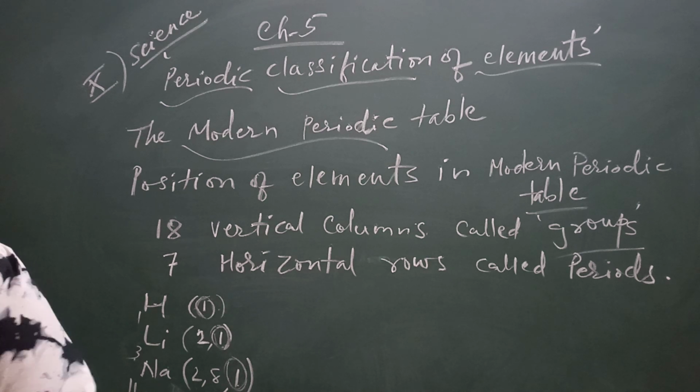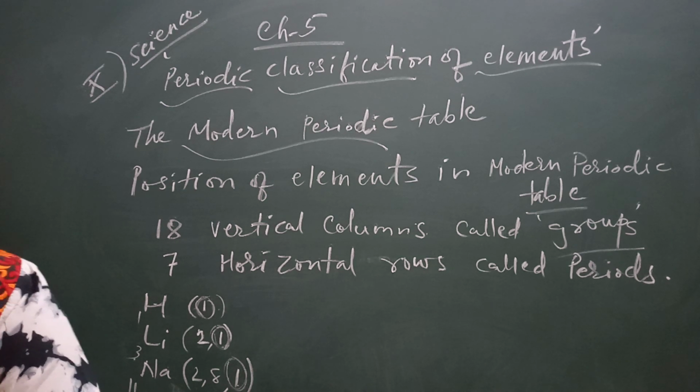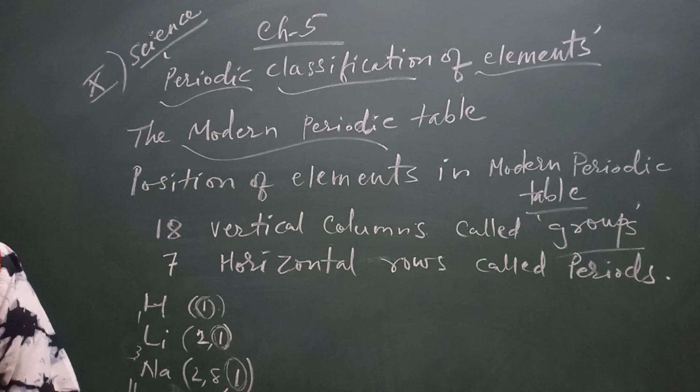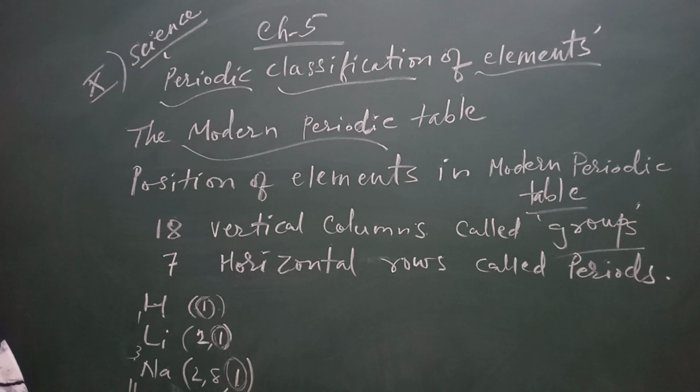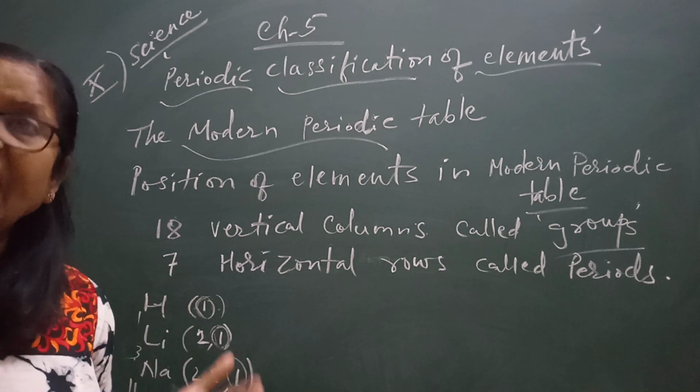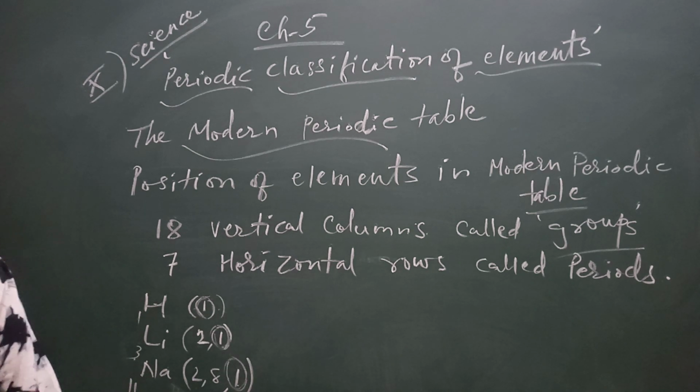So these elements contain the same number of valence electrons. Similarly, the elements present in any group, here we have taken the example of the first group, have the same number of valence electrons.